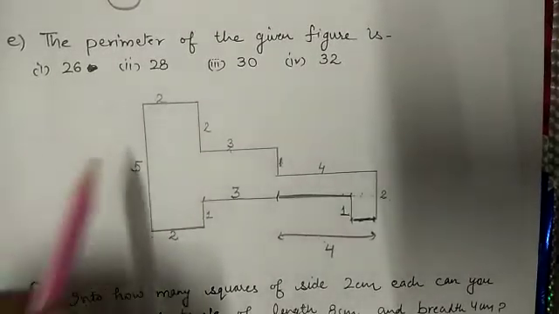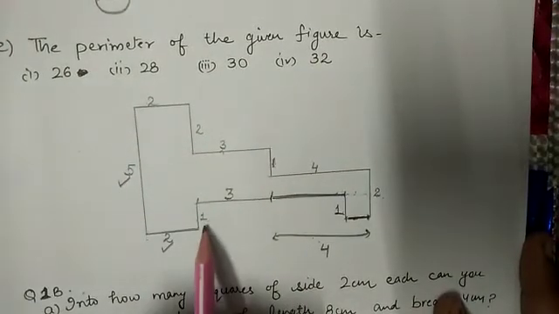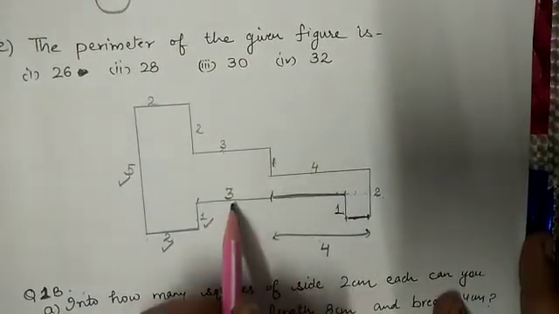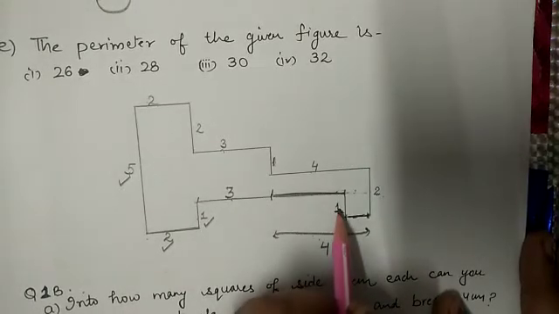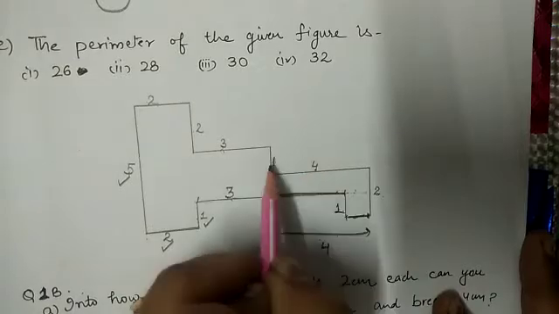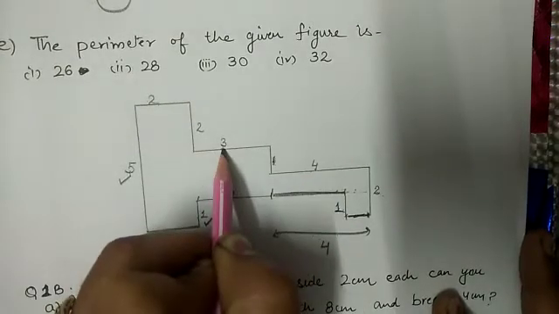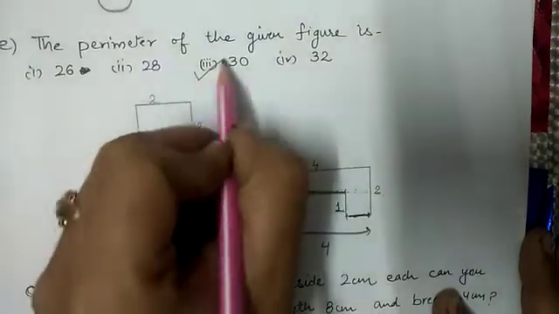There is some problem. Let us see carefully once again. 5 plus 2, 7, 1, 8, 3, 11, plus 4, 15, 1, 16, 2, 18, 4, 22, 23, 26, 28 and 2, 30. So the perimeter of the figure is 30.